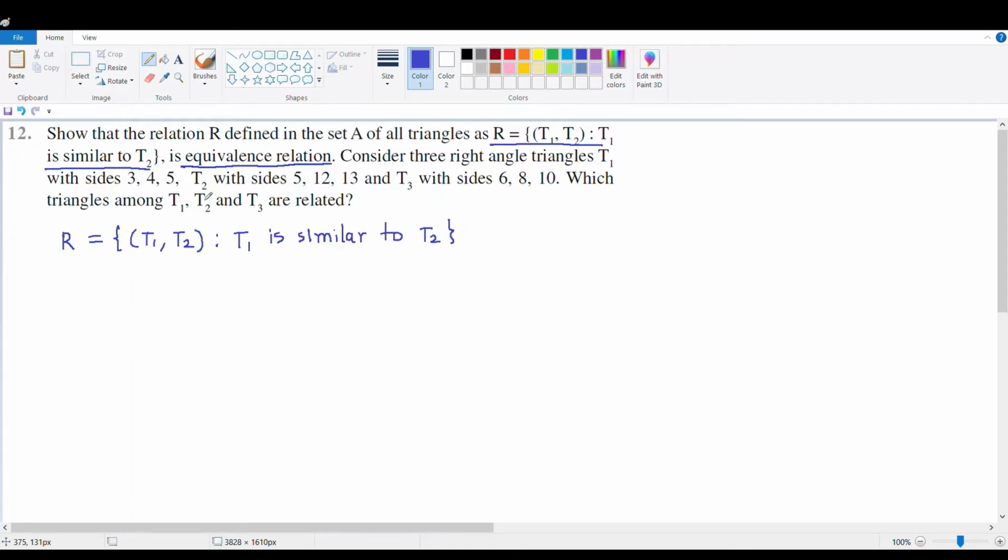Now, since we need to show that this is an equivalence relation, we need to show that this relation is reflexive, symmetric, and transitive. Since it will be all three, we will be able to conclude that it is an equivalence relation. So for now, let's start with reflexive.